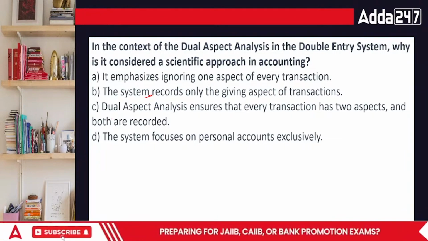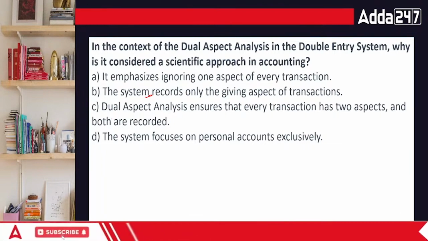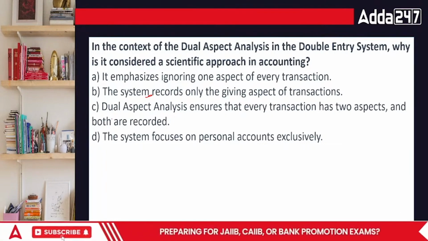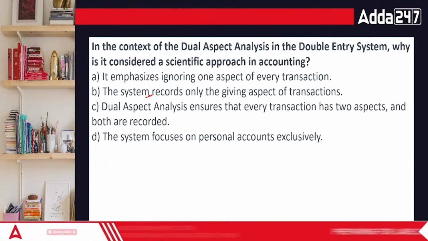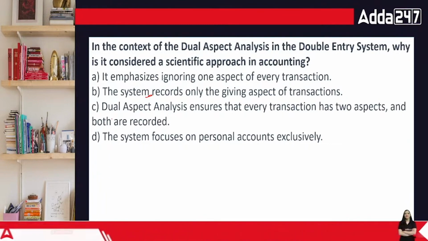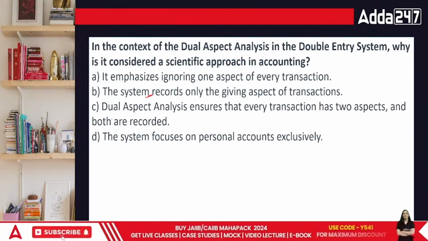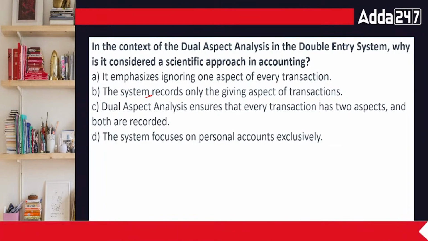Okay. Now, it emphasizes ignoring one aspect of every transaction. The system records only the giving aspect of transactions. The dual aspect analysis ensures that every transaction has two aspects and both are recorded. Matlab, you cannot record either one side or the other side. You will have to record both sides. And the system focuses on personal accounts exclusively.